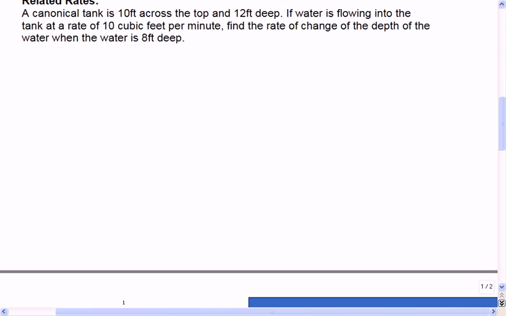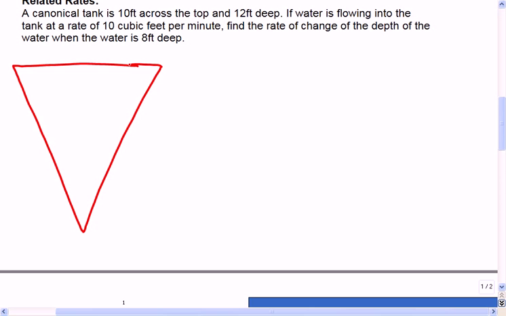So we always should have a good picture to help us figure out the things that we're looking for here. So that's an okay picture of a tank, I guess. And we're going to put the information from the problem into this tank so that we know this depth is 12 feet. And we know that it's 10 feet across the whole thing. So 1/2 of it will be 5.